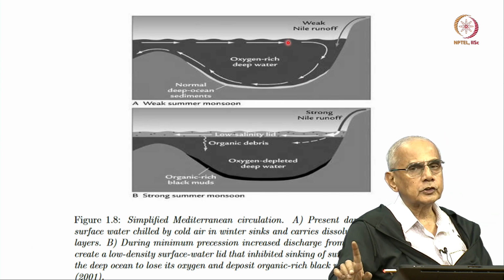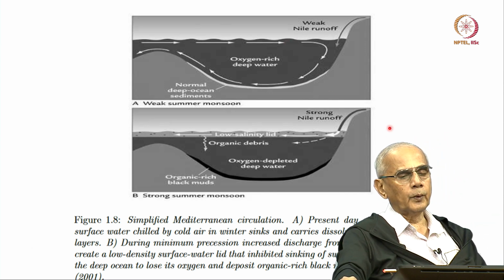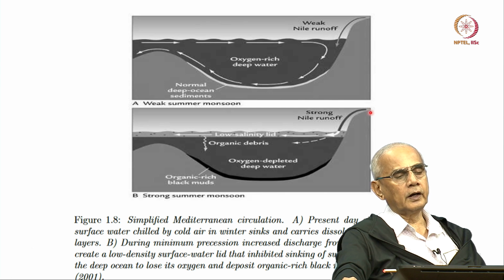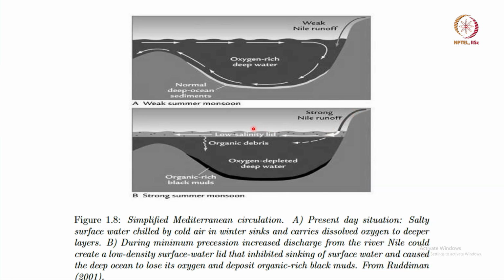But during strong monsoon years, when a lot of Nile river water flows on top of the ocean, it provides a lid which prevents the ocean from losing water by evaporation. So, the salinity does not change and there is no circulation. Okay. And the deep ocean does not get oxygen.